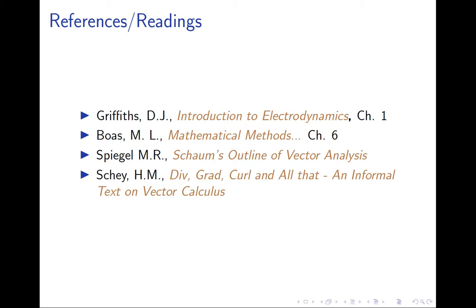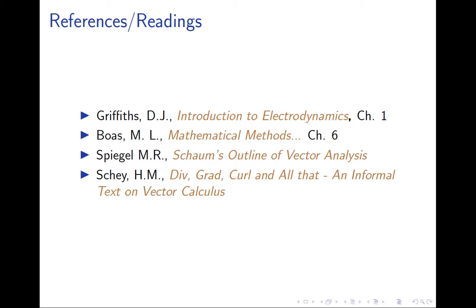This chapter 6 is on vector calculus. You can take a look if you find the presentation of the material in the lecture to be too brief or too abbreviated. And then for problems, I would suggest Murray R. Spiegel's book, Schaum's Outline of Vector Analysis.